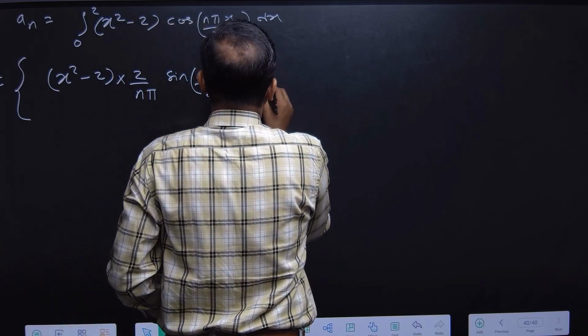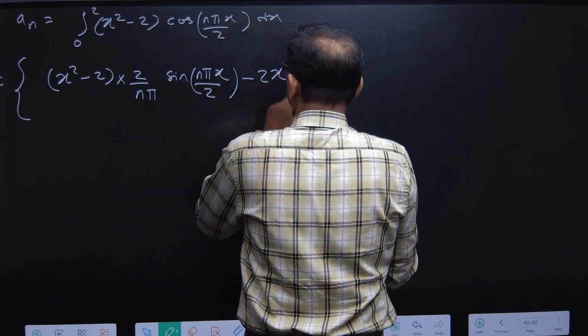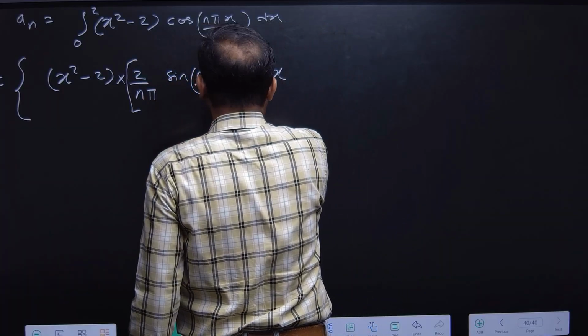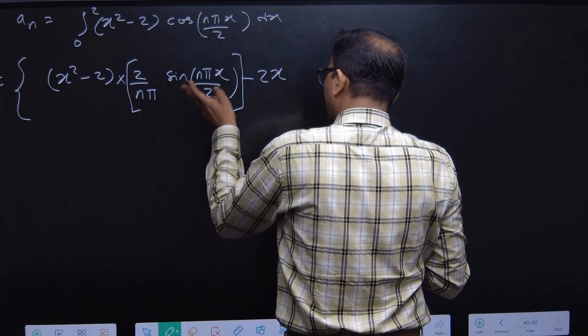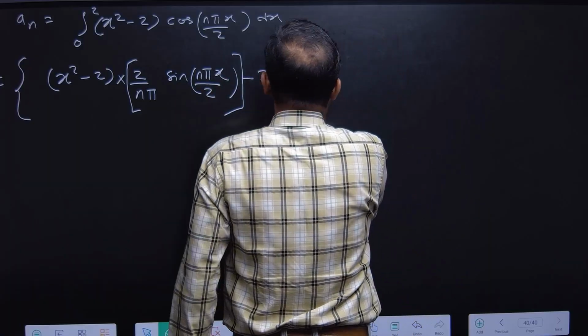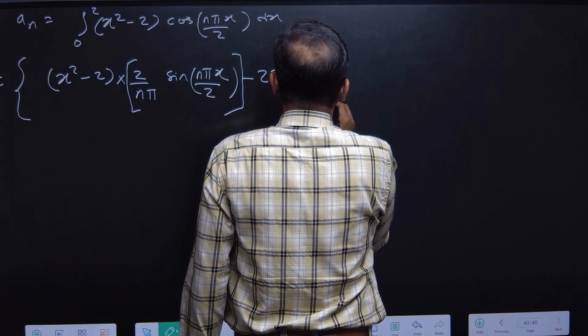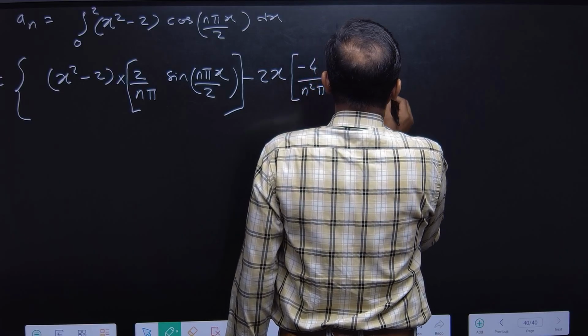The derivative of x square minus 2 is 2x, so this is u dash, and this was our V2, the integration of v1. We have seen it is minus 4 upon n square pi square into cos of n pi x upon 2.